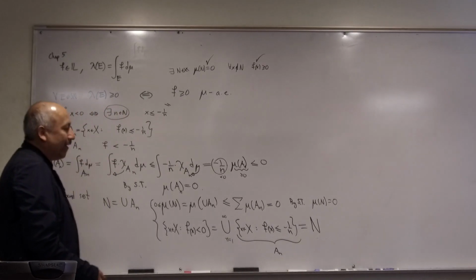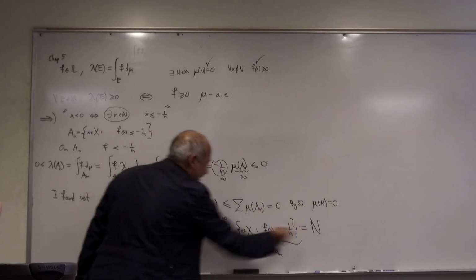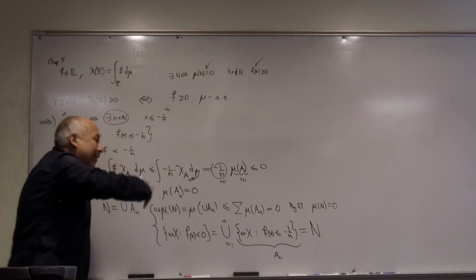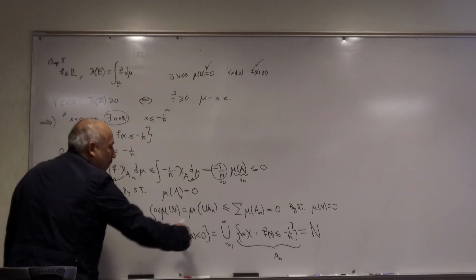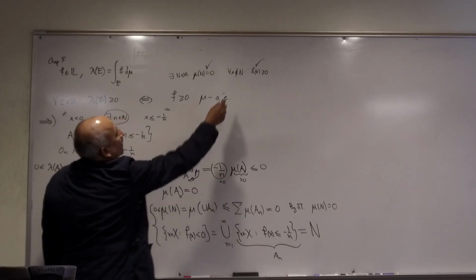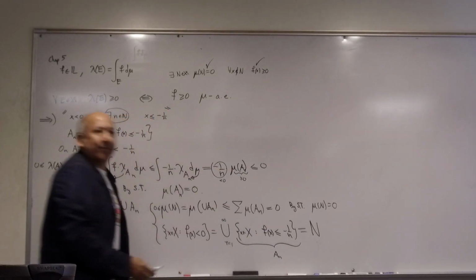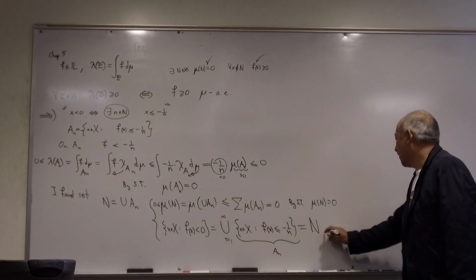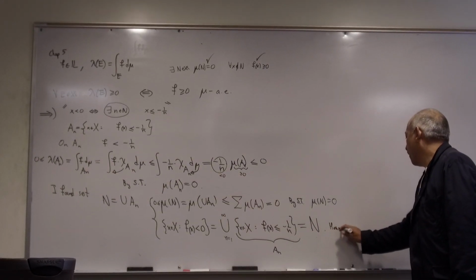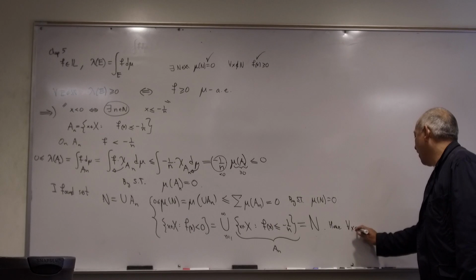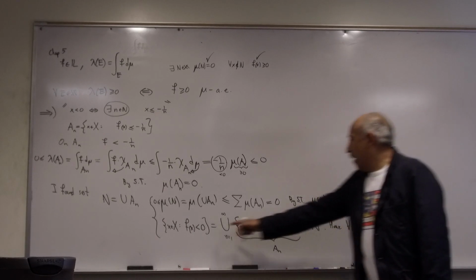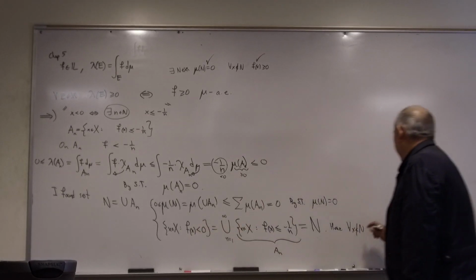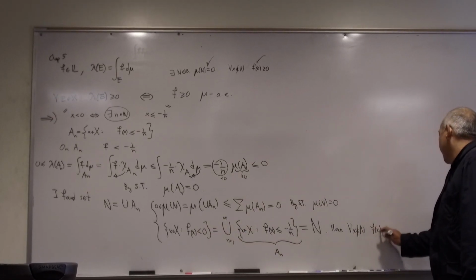Conclusion, what happens on N? f of x is less than 0. And what happens outside of N, in the complement of that? f of x is greater than or equal to 0. See what I mean? Hence, for x outside of N, outside of this set, the complement of this is the opposite. f of x is greater than or equal to 0.